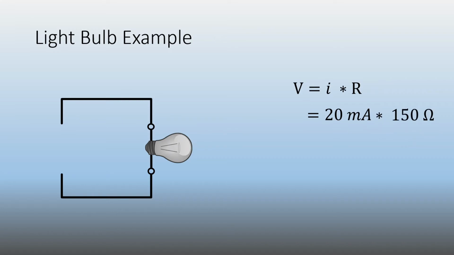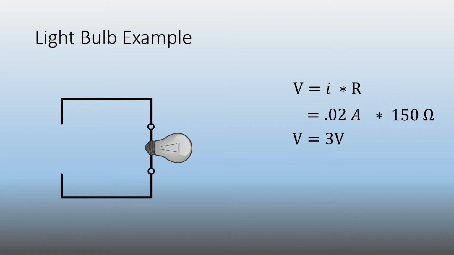The prefix milli means divided by 1000, so 20 milliamps can be rewritten as 0.02 amps. We want to know how much voltage is needed to make the light work. We multiply the 0.02 amps times 150 ohms, and we find 3 volts is required to make the light work.